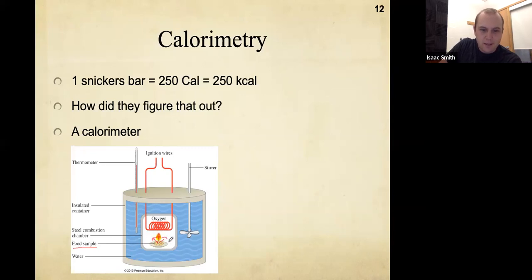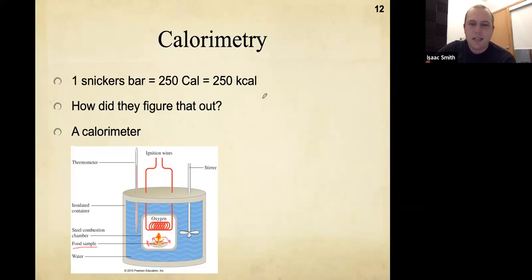When you burn something, it's hot, okay? And calories are just a measure of energy or a measure of heat. So that heat's going to come out of the Snickers bar and go into the water that surrounds it. This is in a chamber of water, okay? And then you have a thermometer sitting here in the calorimeter.